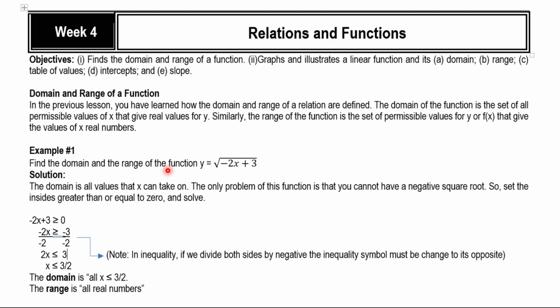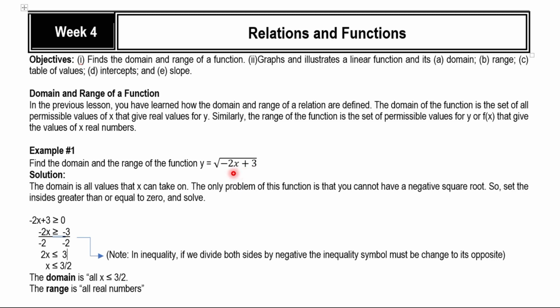So how about if the given relation is like this, a form of function or equation? Okay, our function is defined as y equals the square root of negative 2x plus 3.